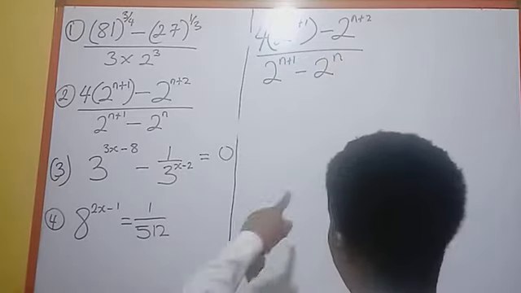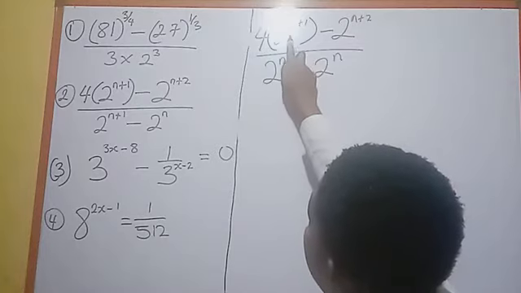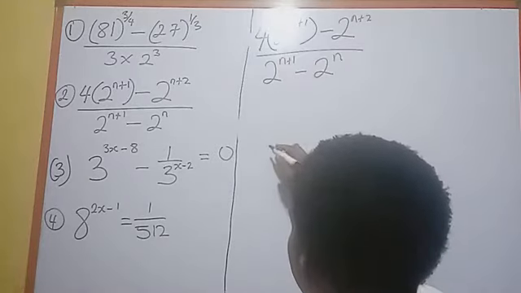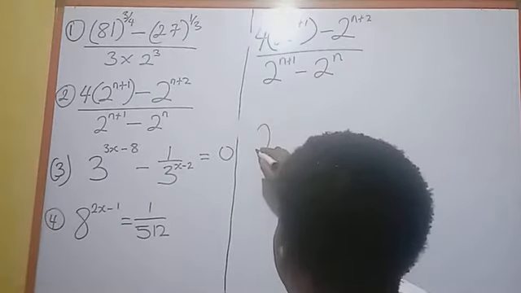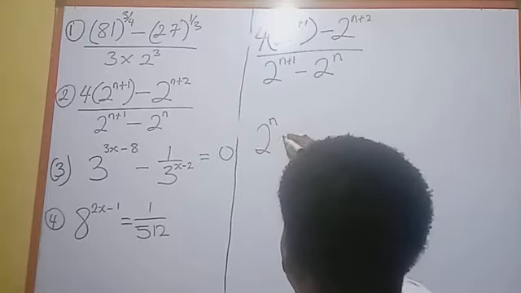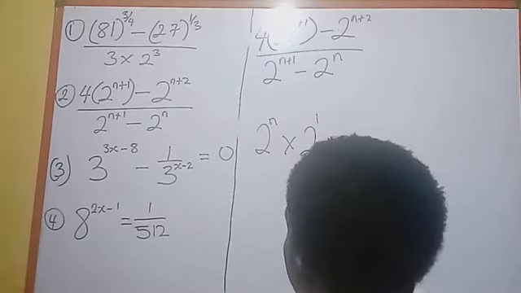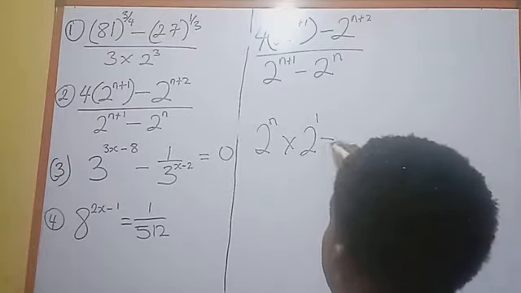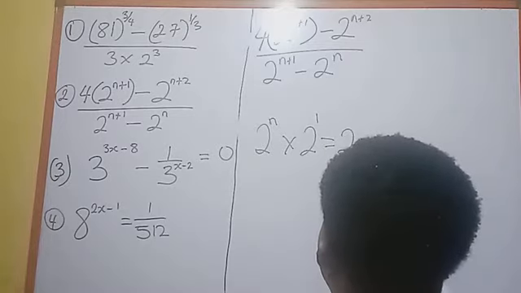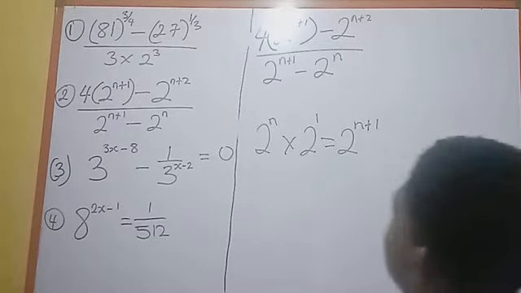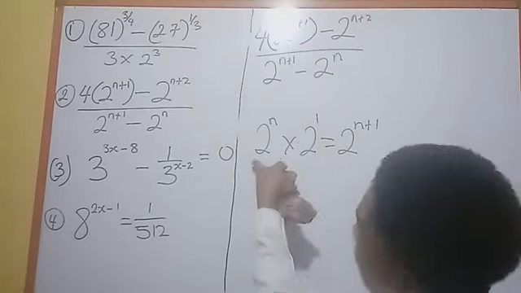Now, what do we do? This one, you try to expand it. For example, if I say 2 raised to the power n times 2 raised to the power 1, according to the law of indices, I can take the base and add the powers. So you have 2 raised to the power n plus 1.